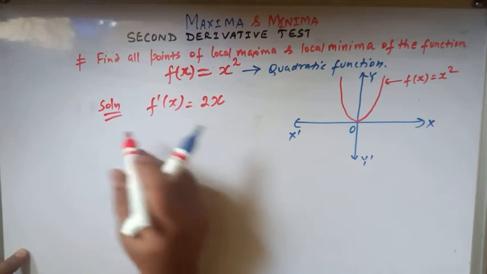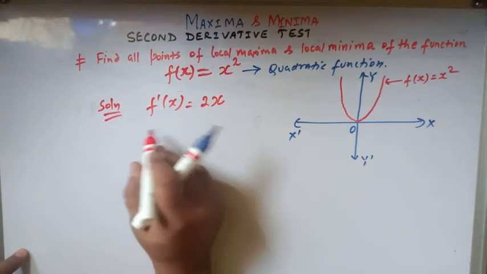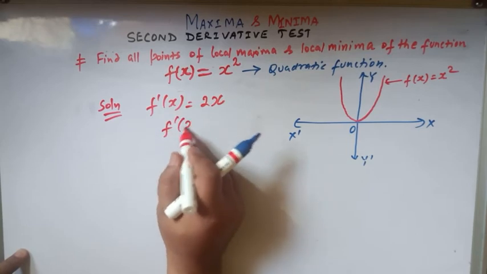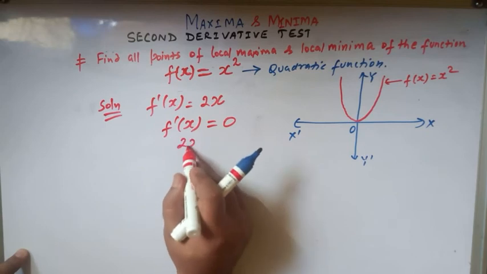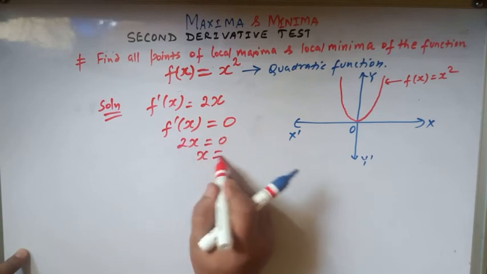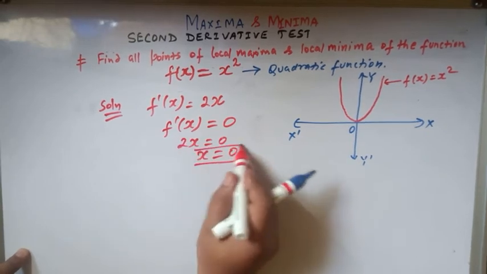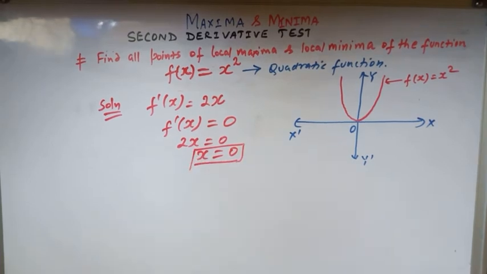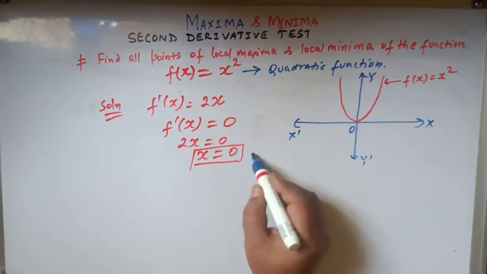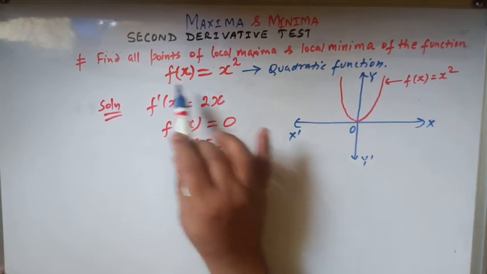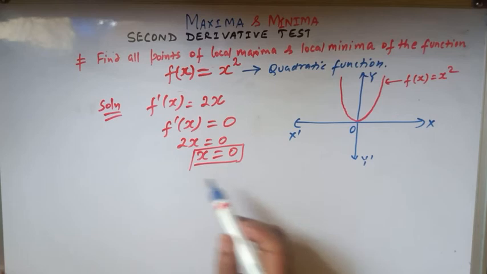Now for critical points we substitute f prime of x equal to 0. So 2x is equal to 0 and x is equal to 0. So this is the critical point here. Or we can say that this is the turning point of this function, x equal to 0.